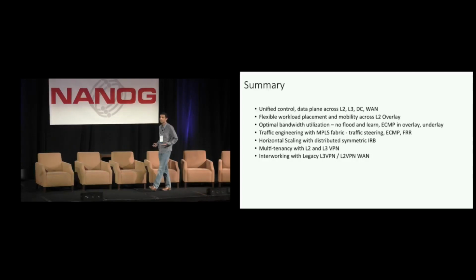Multi-tenancy with both layer 2 and layer 3 VPNs enabled in the data center. And this last point about interworking with legacy L2 VPN and L3 VPN technologies, we didn't really have the bandwidth to get into that topic in much detail in this presentation, but I just wanted to at least mention that it interworks with legacy L3 VPNs and legacy L2 VPNs such as VPLS.